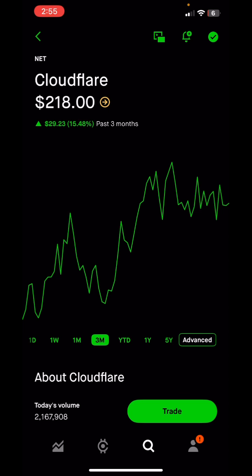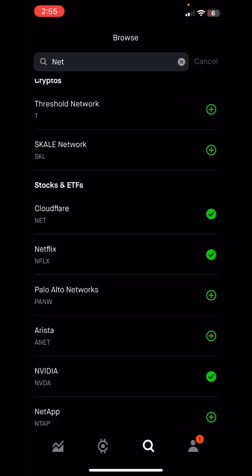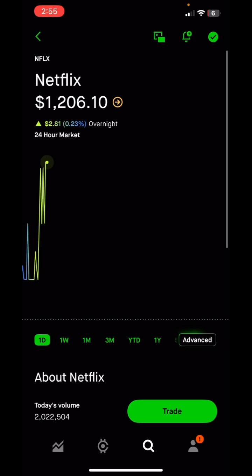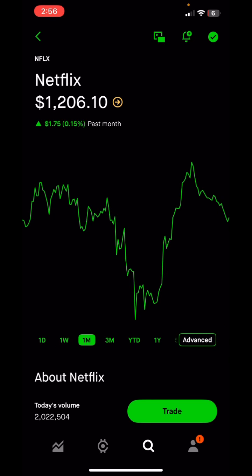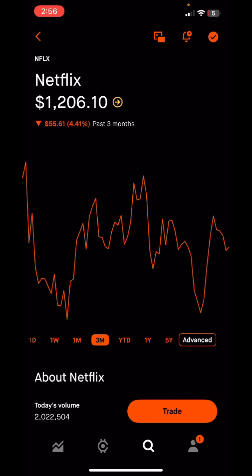So we're seeing the big moves are looking like that 3 month with Netflix. $100 a week, 85 cents on a month, up 175. Watch the 3 month, $55 move.